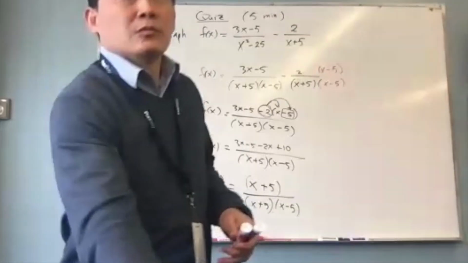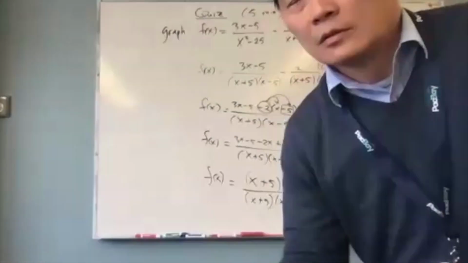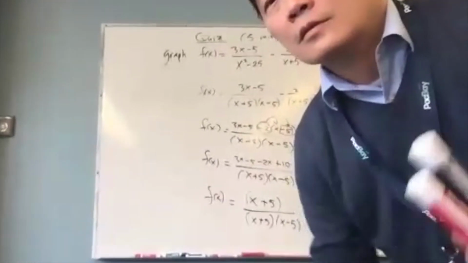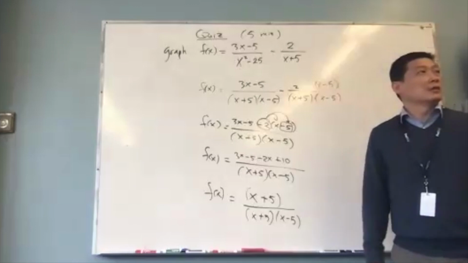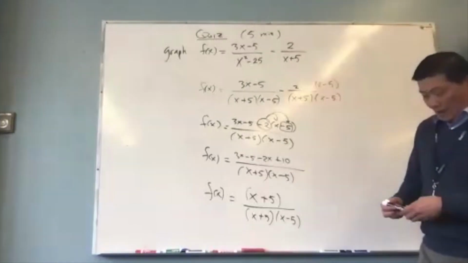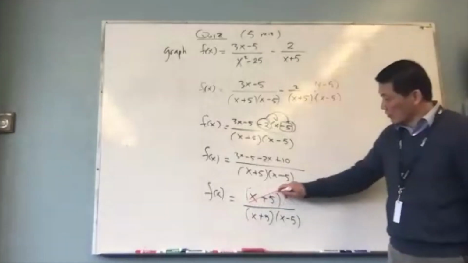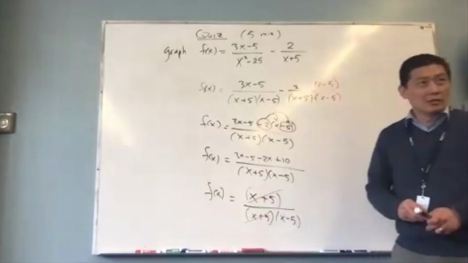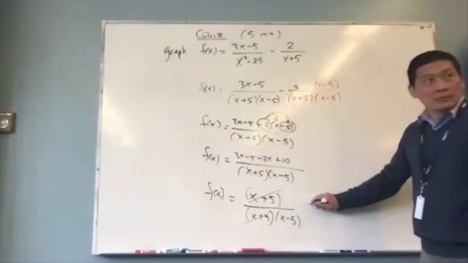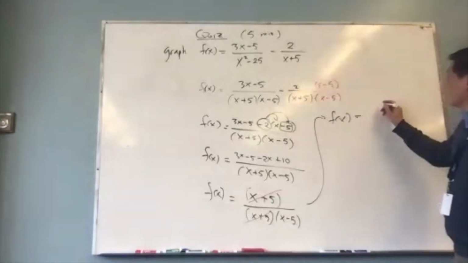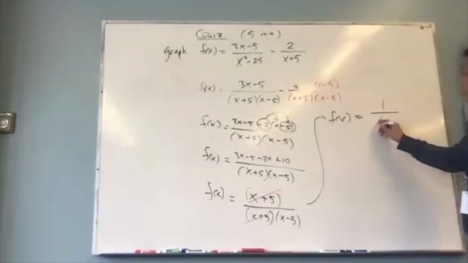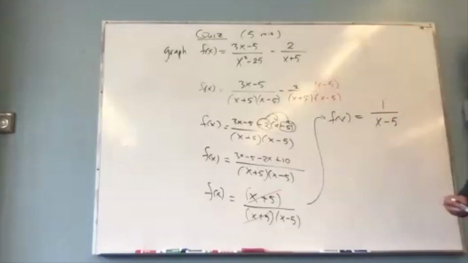I can cancel. Woohoo! Cancel. Makes it simplify, right? So then f of x becomes 1 over x minus 5.